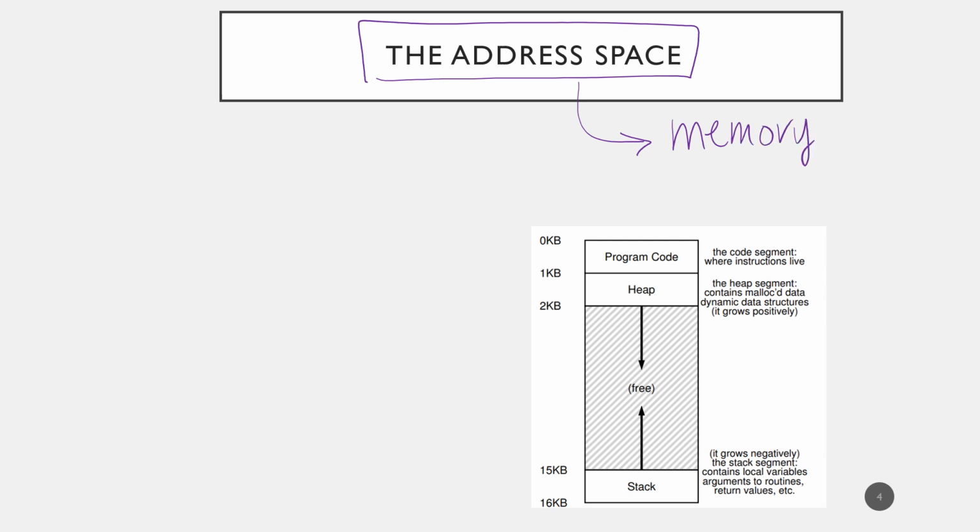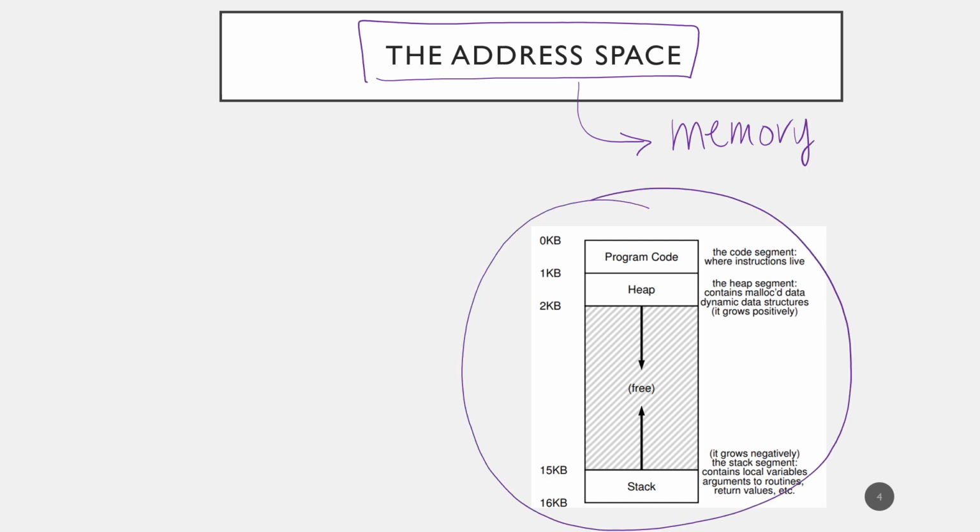Your operating system presents to each process its own view of memory. So this process thinks it has, say, 16 kilobytes of memory. The size doesn't really matter, it's the concept. So say this is process one.